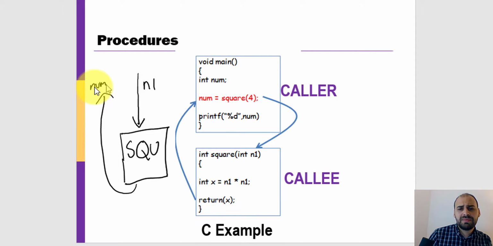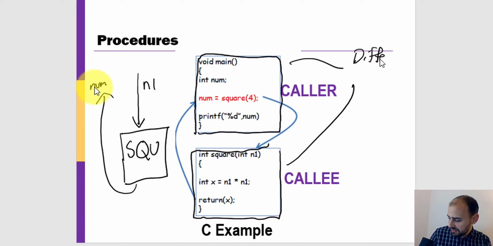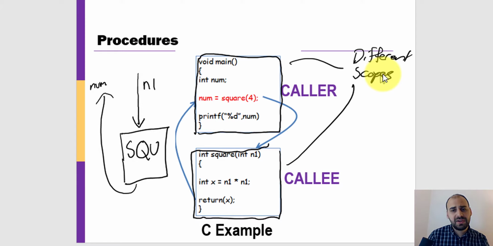And we don't want the caller to not be independent of the callee. As we've always seen in C and other languages, these are in different scopes, and we shouldn't have variables collide across scopes.